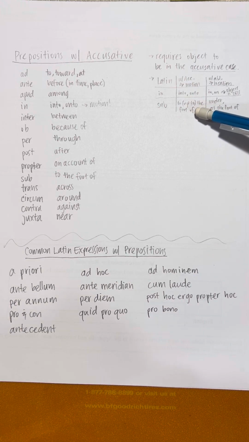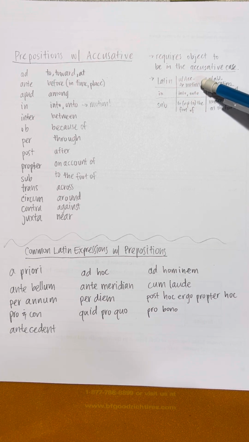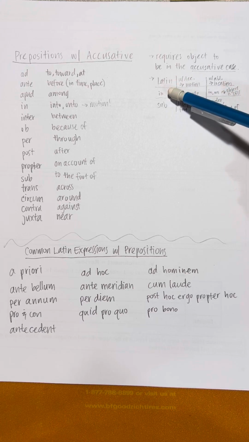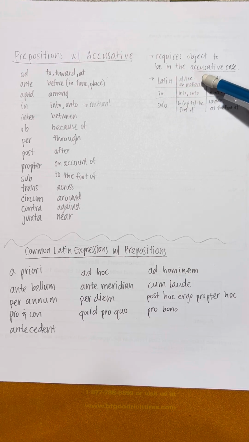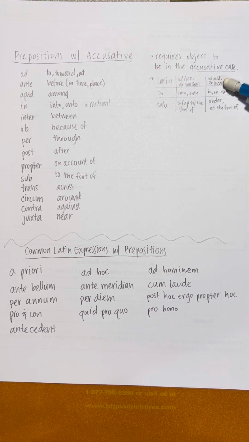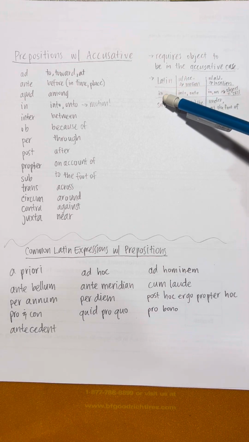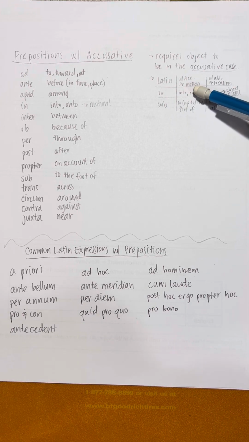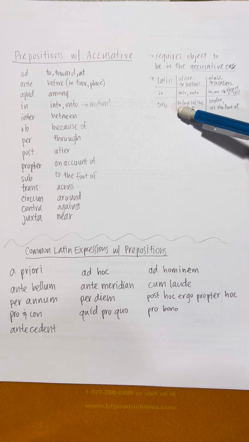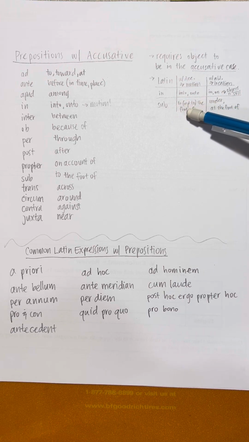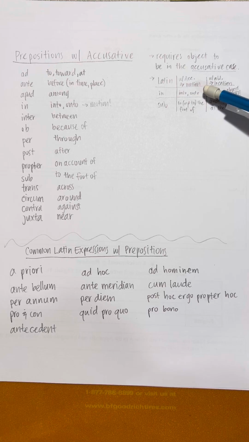How do we know if my preposition, in or sub, takes the accusative or the ablative? Well, if you look at these definitions for in, with accusative we have into or onto. With sub we have to the foot of or up to the foot of.